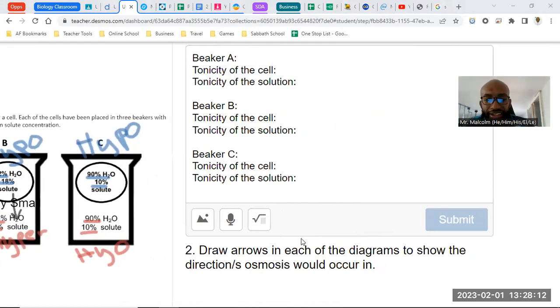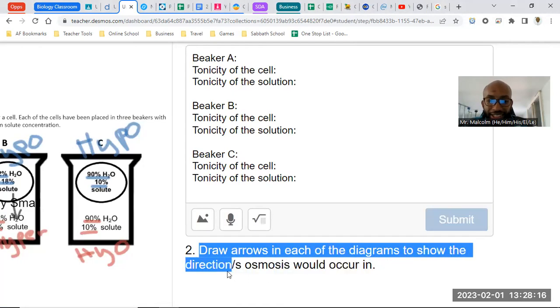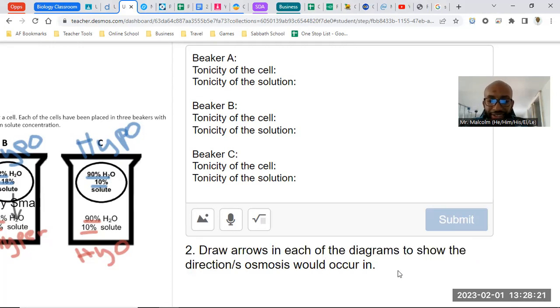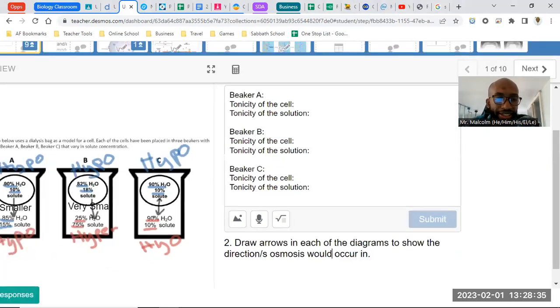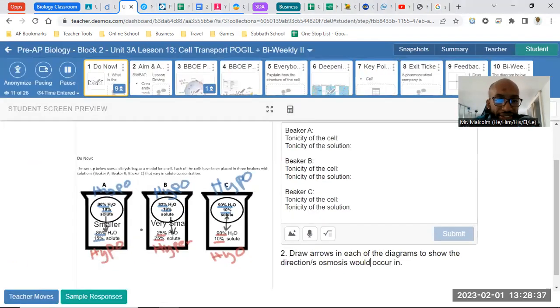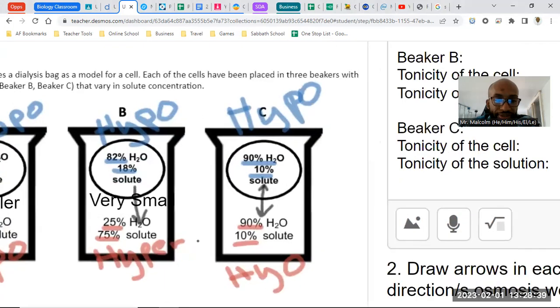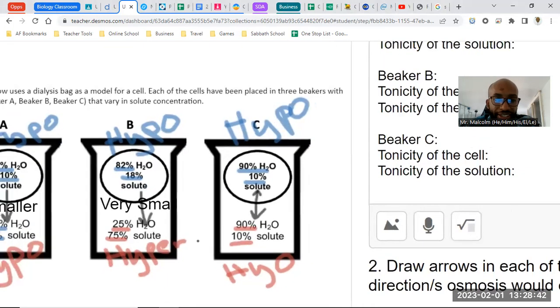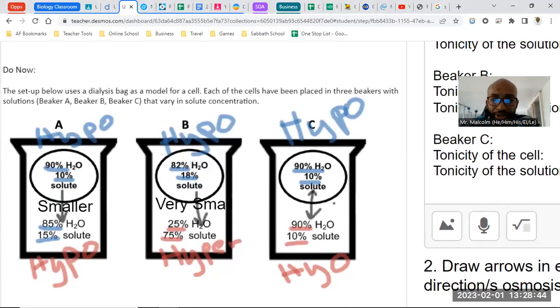It says here, draw arrows in each of the diagrams to show the direction or directions osmosis would occur in. So there you go. That's the one. Should be both directions. So I'm gonna do a double-sided arrow, because some is going to come in and go out, but it's going to pretty much be the same.